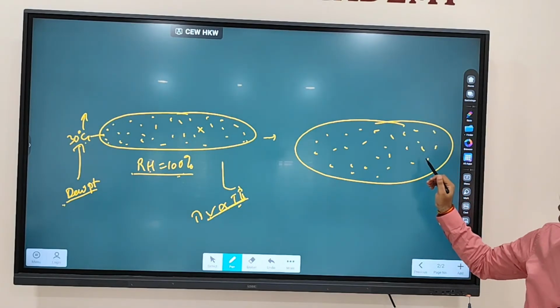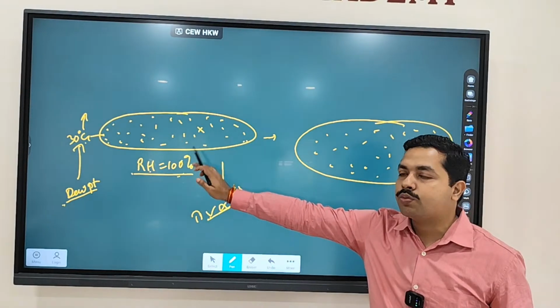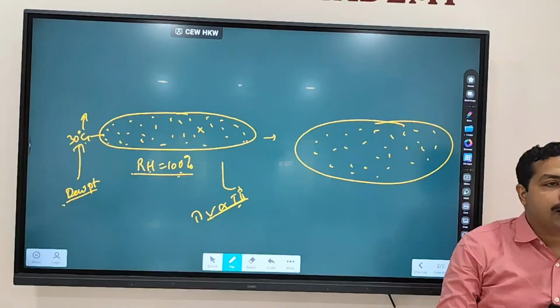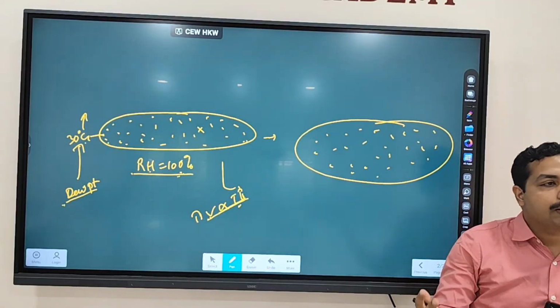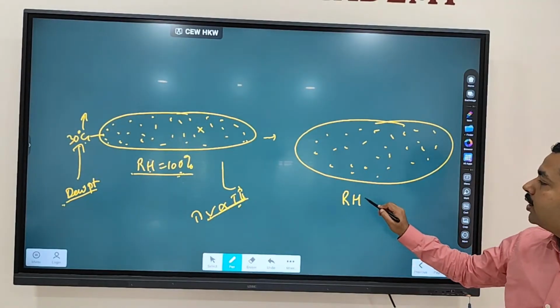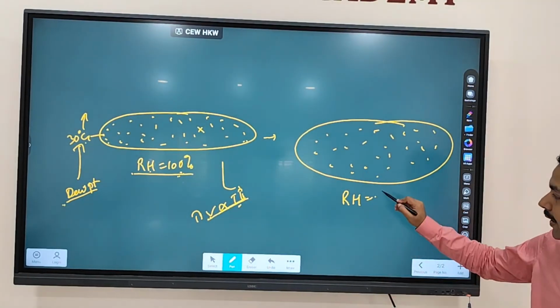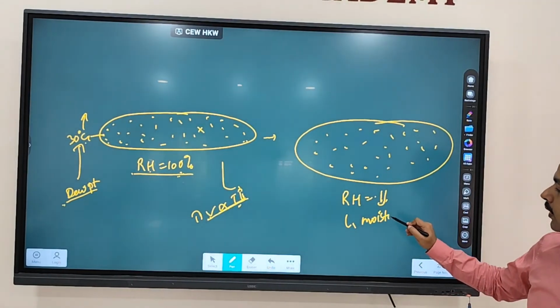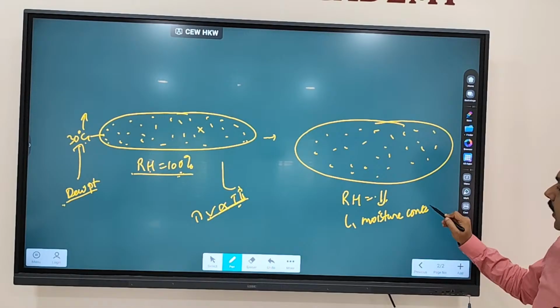Earlier it had less volume, so it could hold less moisture. But now the volume is expanding, so air can hold more moisture. When air can hold more moisture, what will happen to relative humidity? It will decrease, because relative humidity is moisture content divided by moisture holding capacity.